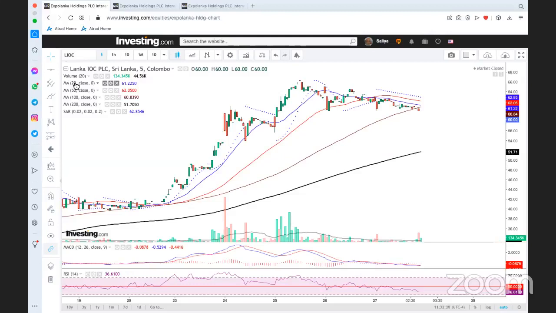So 5 minutes into 20, only 20 bars we are using here. This 50 is also for 5-minute bars, 100 is also for 5 minutes, 200 is also 5 minutes, right?